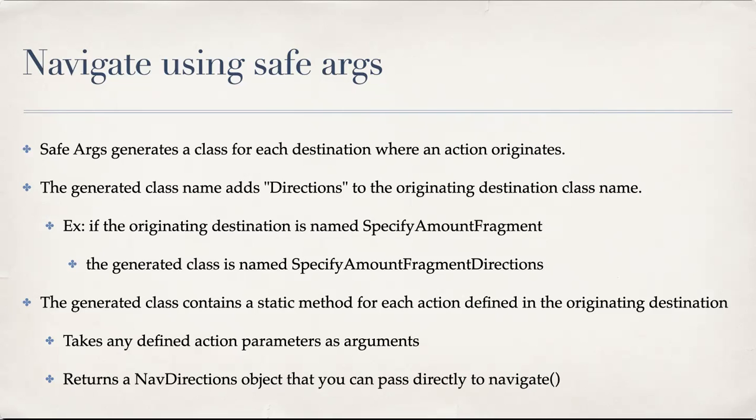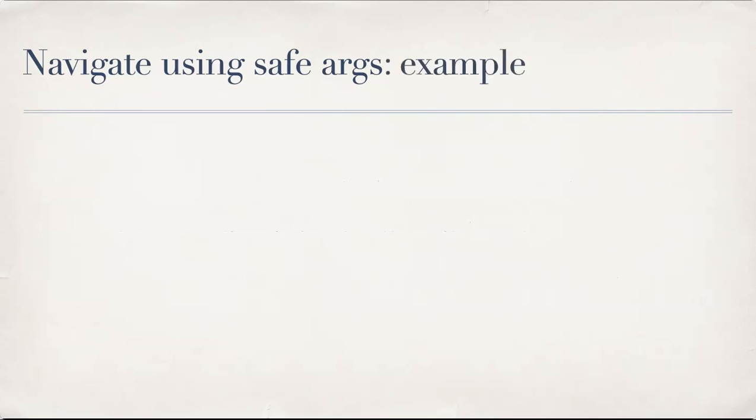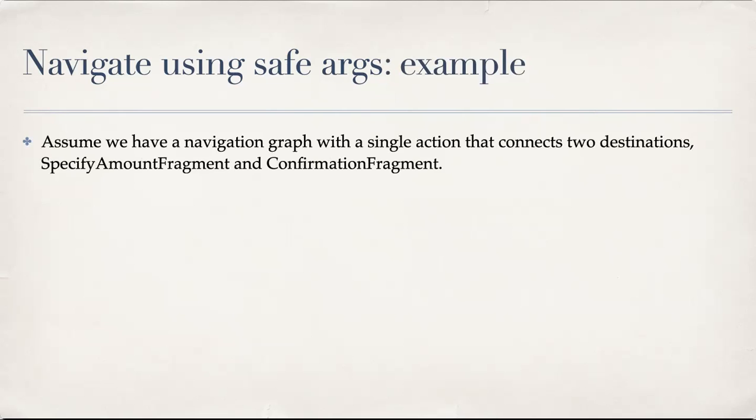So here is an example. Assume we have a navigation graph with two destinations, SpecifyAmountFragment as the origin and ConfirmationFragment as the destination, and there is a single action connecting the two.